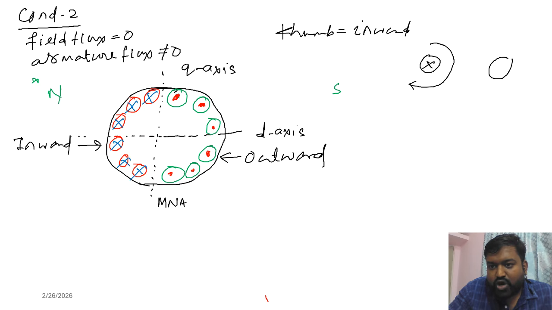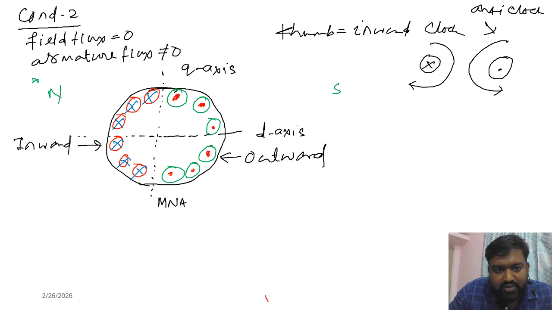Now come to the dot. If your thumb is outward, then the curled fingers indicate the anti-clockwise direction. You can mention that this is anti-clockwise, and this is clockwise.